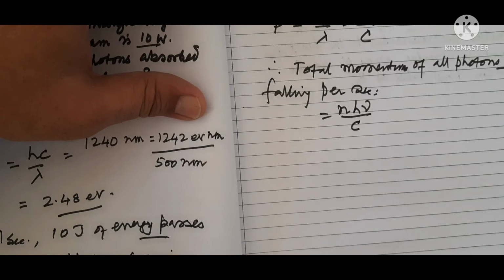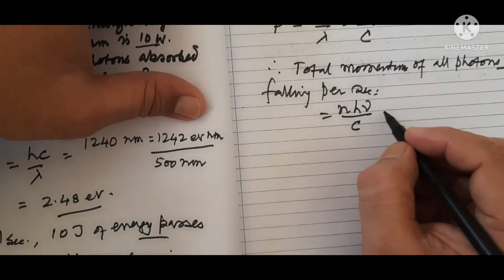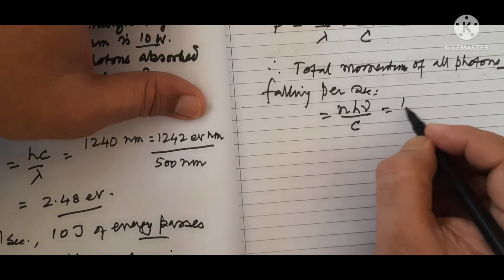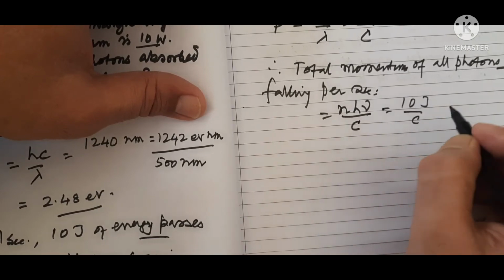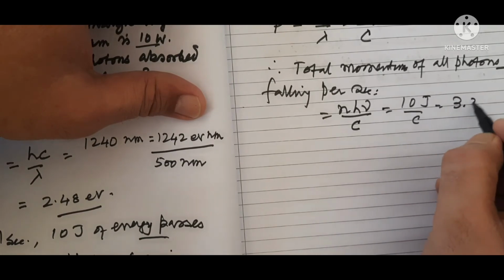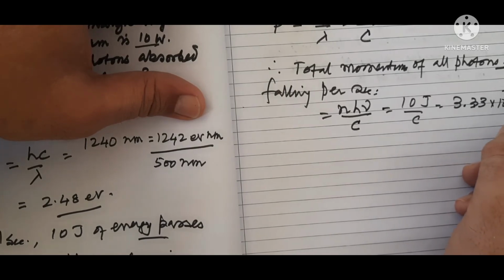Where will n come from? The number of photons, the total number we are asking about here. So that comes out to be 10 joule by c. If you calculate, you will get 3.33 into 10 to the power minus 8 Newton second.